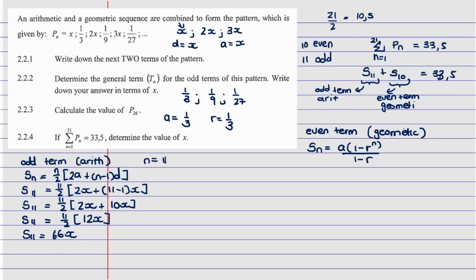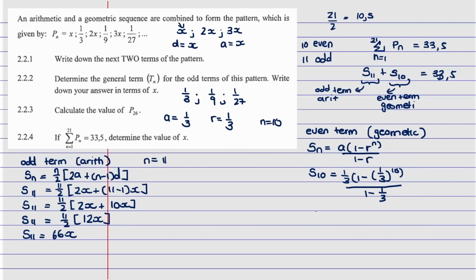Substitute. In our case for the even terms, n is equal to 10, right? So S10 is equal to a, which is 1 over 3, open bracket 1 minus 1 over 3 to the power 10, and this whole thing is divided by 1 minus 1 over 3, right?